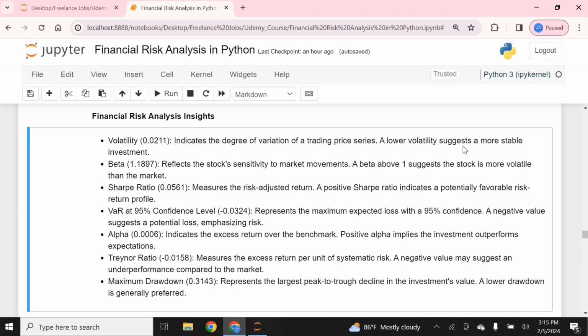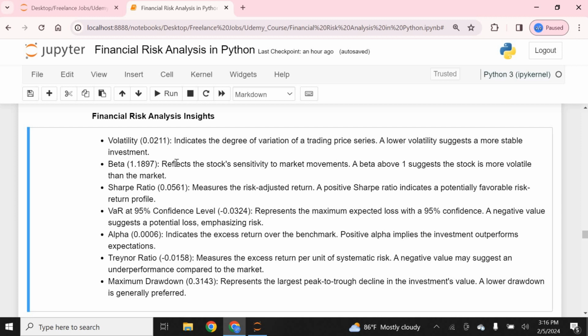A lower volatility suggests a more stable investment. Relatively, of course, we don't have anything that we are comparing with now, so let's say the volatility is okay, 0.0211.